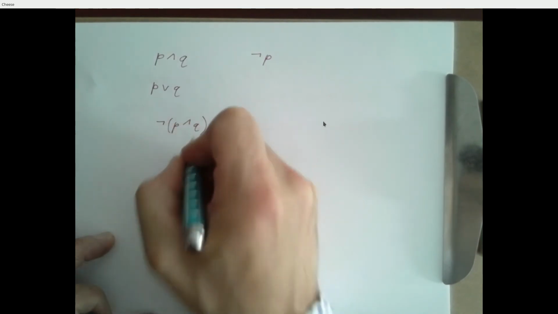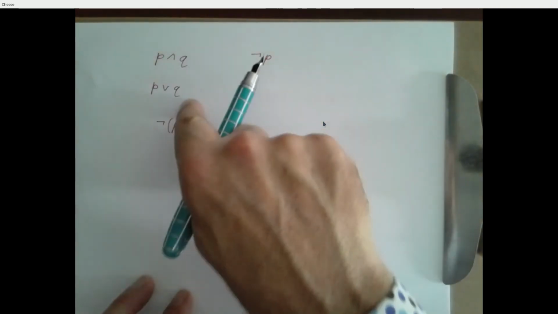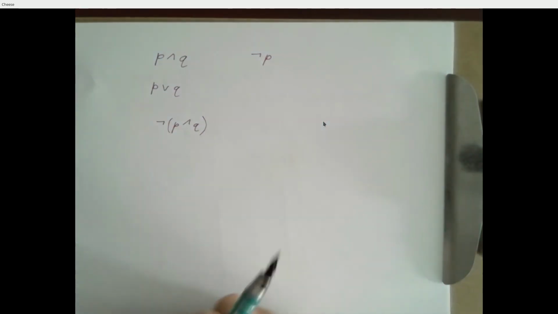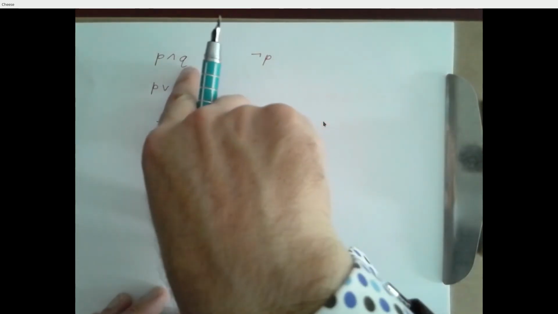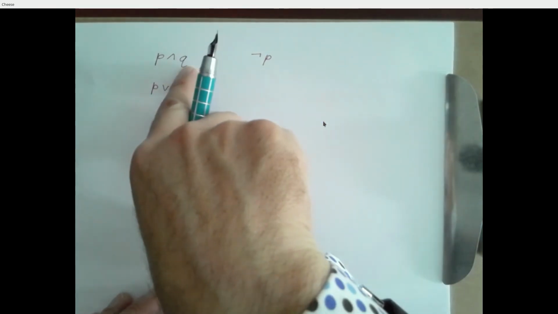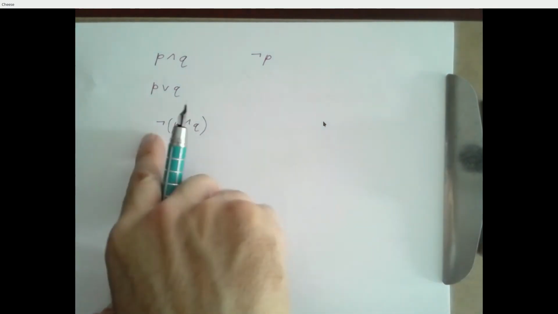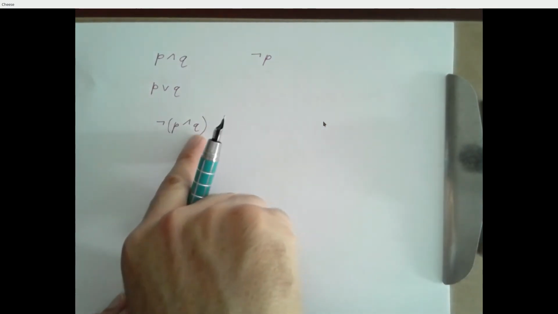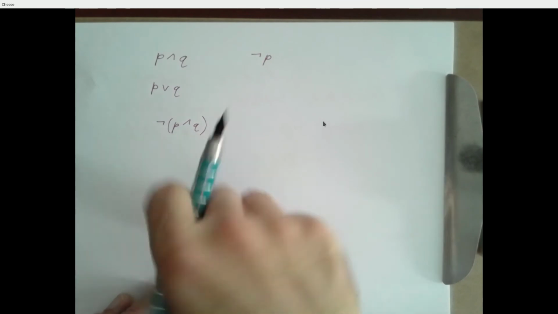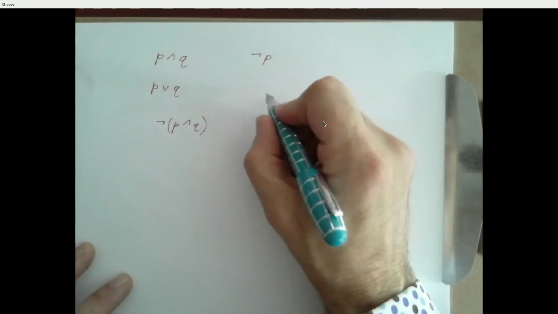So we can say take the conjunction of P with Q and then negate the result. And if P and Q are propositions, each of these will be a proposition. Today is Monday, today is Tuesday. Today is not Monday. Today is Monday and today is Tuesday. Today is Monday or today is Tuesday. It's not true that today is Monday and today is Tuesday. Right? Each of those is a declaration. So you can put these things together.